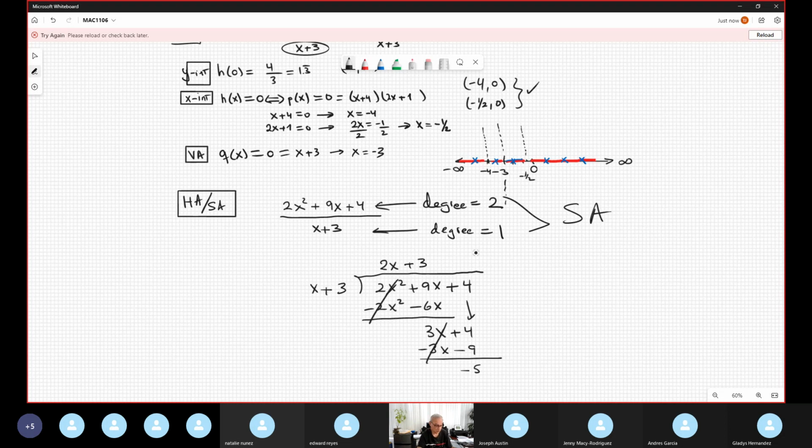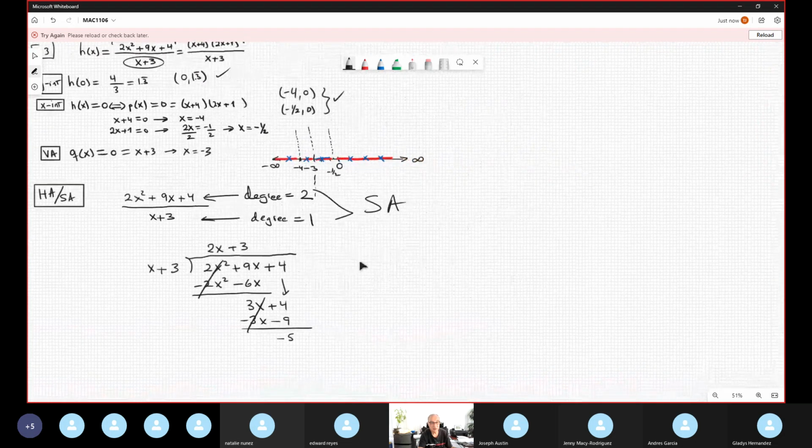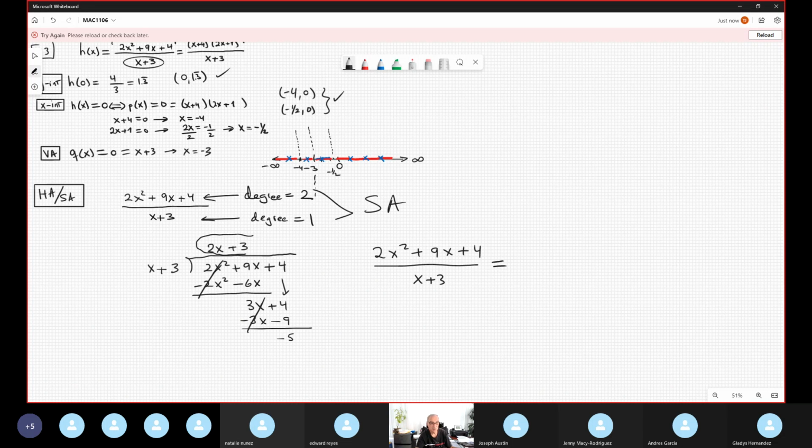So I discovered algebraically that the expression 2x squared plus 9x plus 4 divided by x plus 3 is equivalent to 2x plus 3 alone, minus the remainder 5, over the divisor x plus 3.